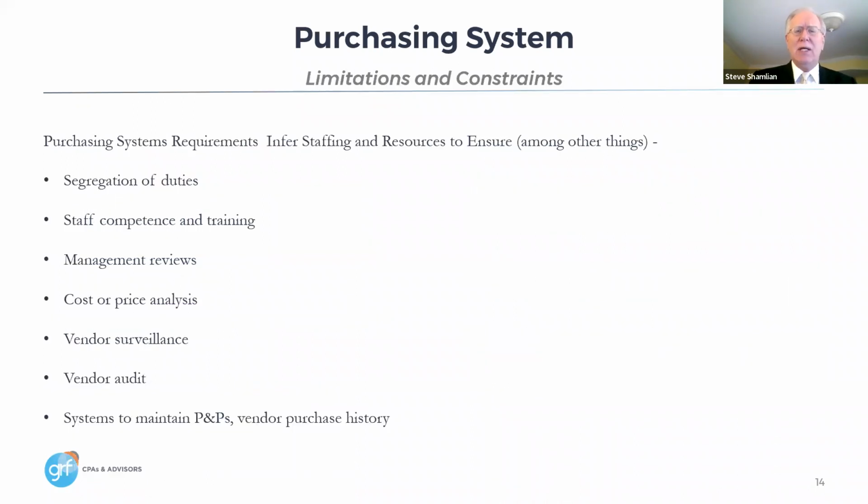They have some limitations and constraints, and they're just not implementable by everyone. It implies a segregation of duties. A competent and well-trained staff. So the person that you hire to be in charge of your purchasing system is going to have some years of experience.